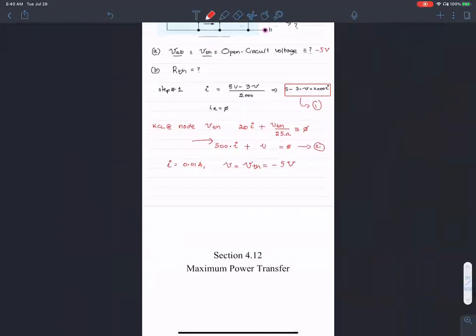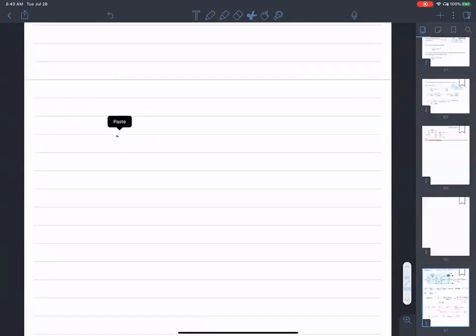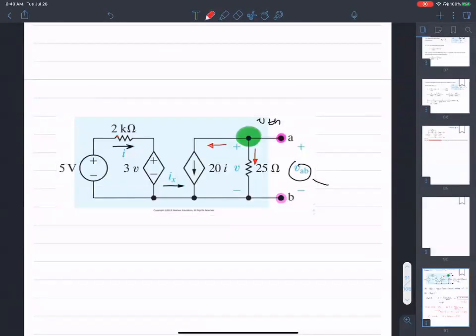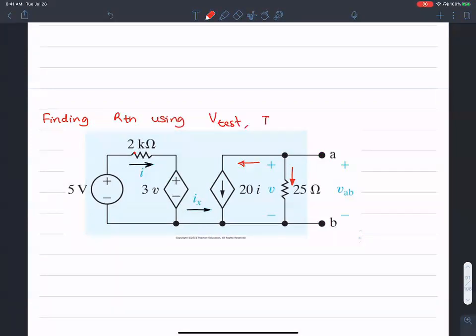So let's find the RThevenin here, using the test voltage, test current method. V test, I test.